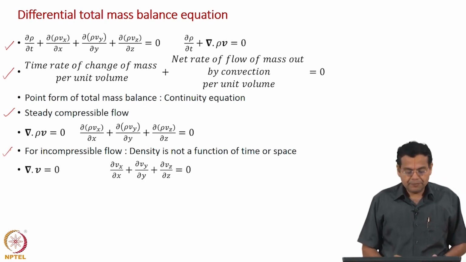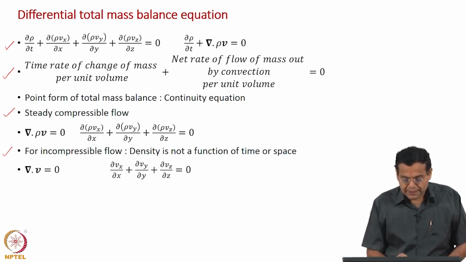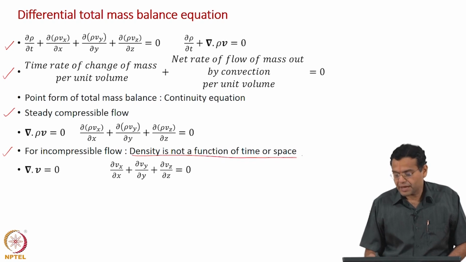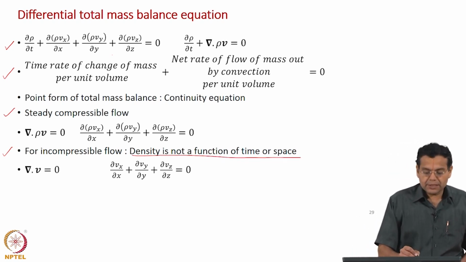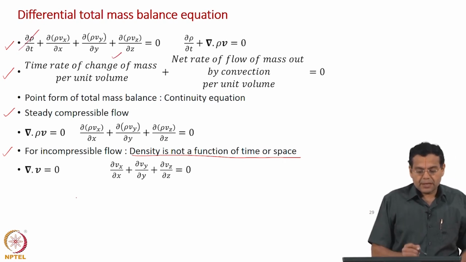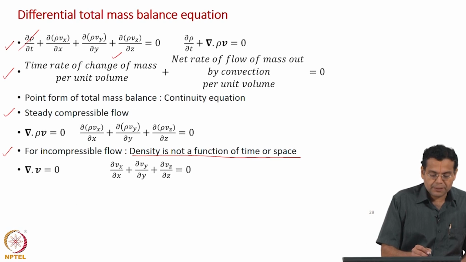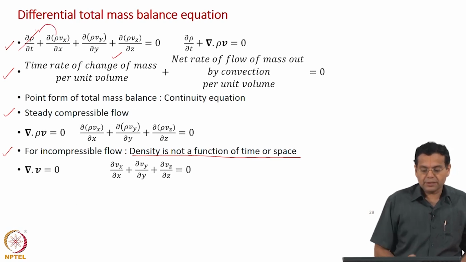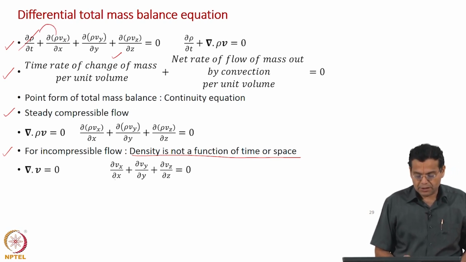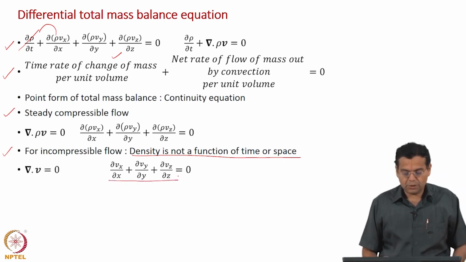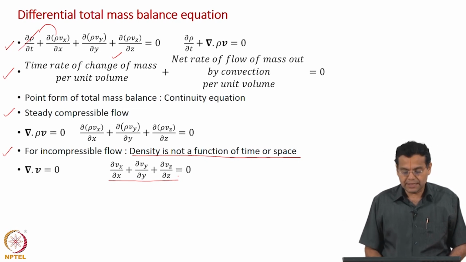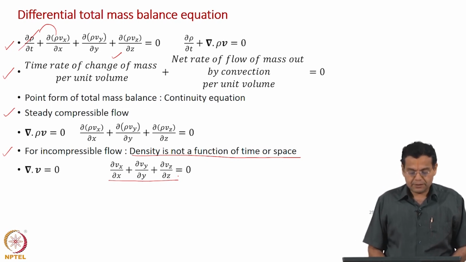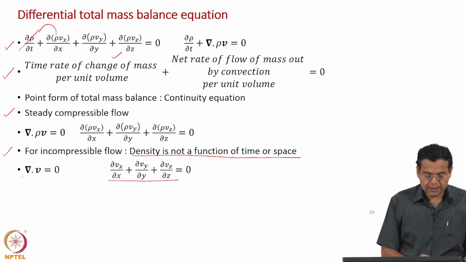We said for incompressible flow, density is not a function of time or space, and so in this equation, dou rho by dou t was 0, and because rho is not a function of spatial location, you could take it out, and so you got dou v x by dou x, dou v y by dou y, dou v z by dou z. The sum of all these gradients is equal to 0, or del dot v equal to 0.